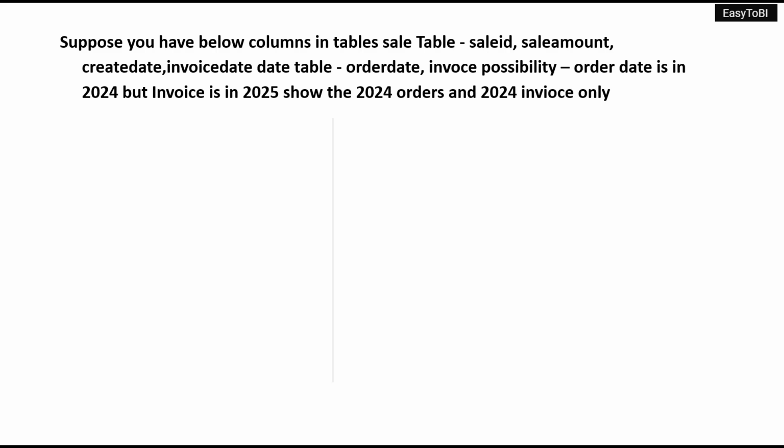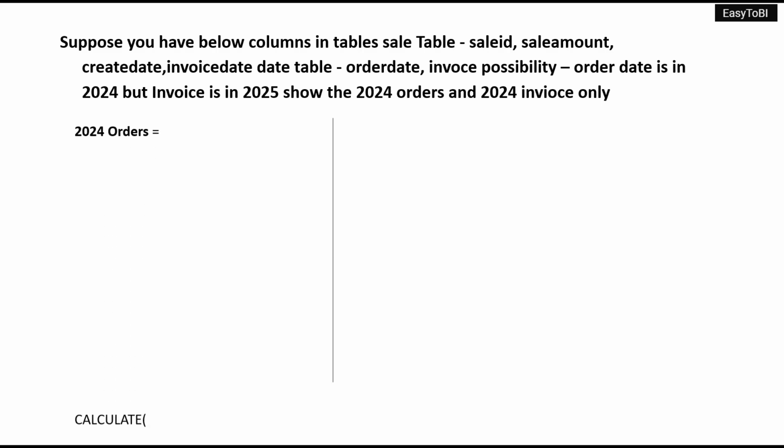We need to show the orders from 2024, and the invoices also from 2024 data only. So how can we write that, all in a similar table, because we have a relationship which is inactive with the invoice?